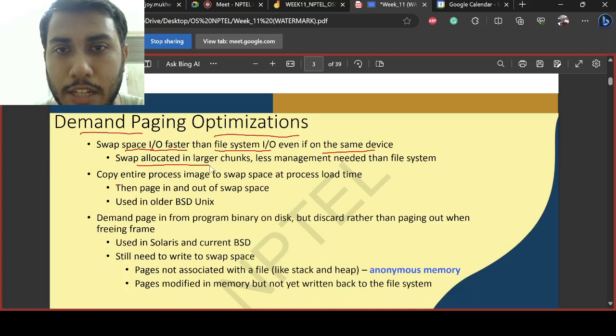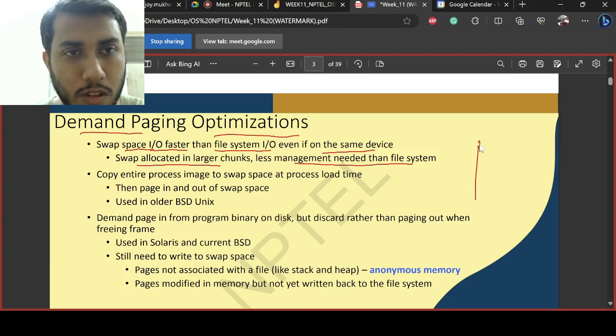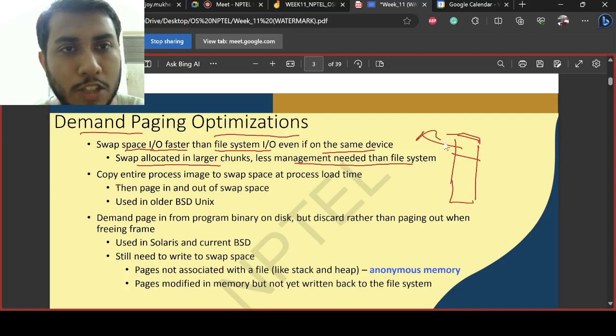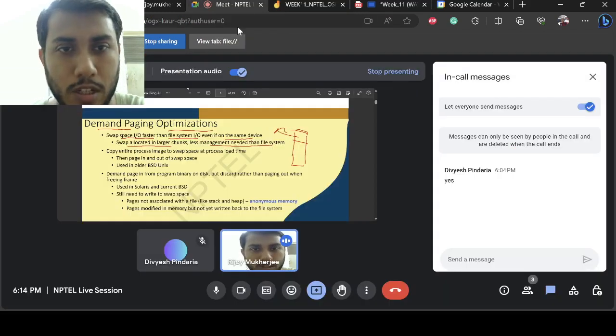Swap is allocated in larger chunks, so less management is needed than the file system. What they are saying is, when you are swapping in and out, you swap in a large portion into the memory.